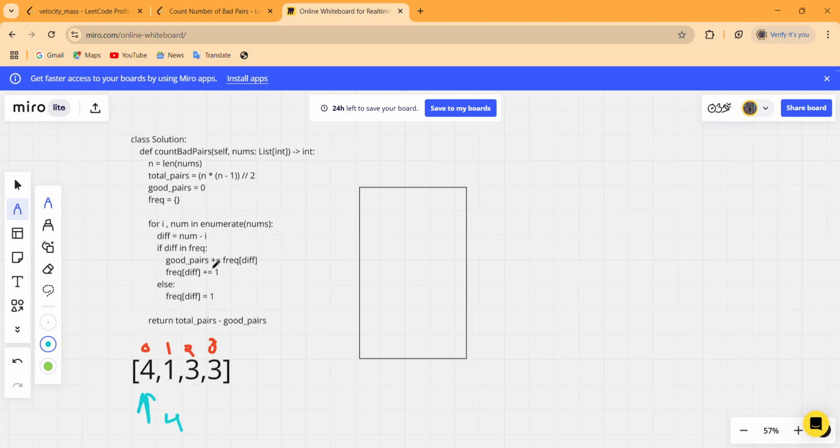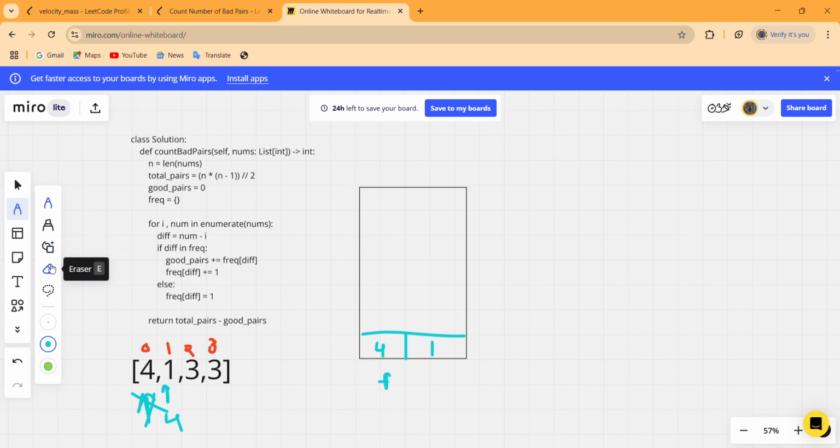We will check if the difference is in frequency. This is a frequency dictionary, and we check that 4 is not present in the dictionary. So we initialize our dictionary entry for 4 with 1. That means we have a key 4 with a frequency of 1, and our i is incremented and goes to the next index.